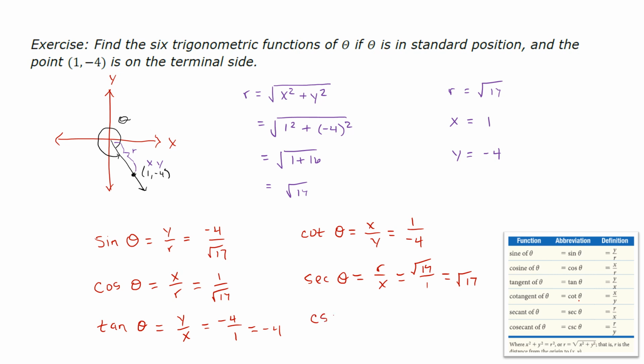And cosecant of theta equals r over y, which is the square root of 17 over -4. And these are the 6 trigonometric functions for theta.